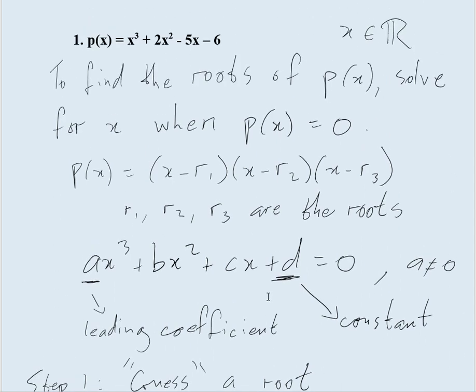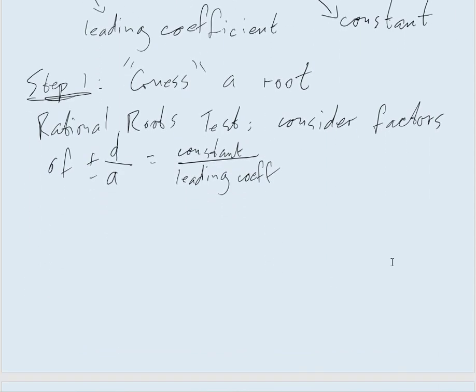So if we look at our example, let me write it out here. We've got p of x is equal to x cubed plus 2x squared minus 5x minus 6.